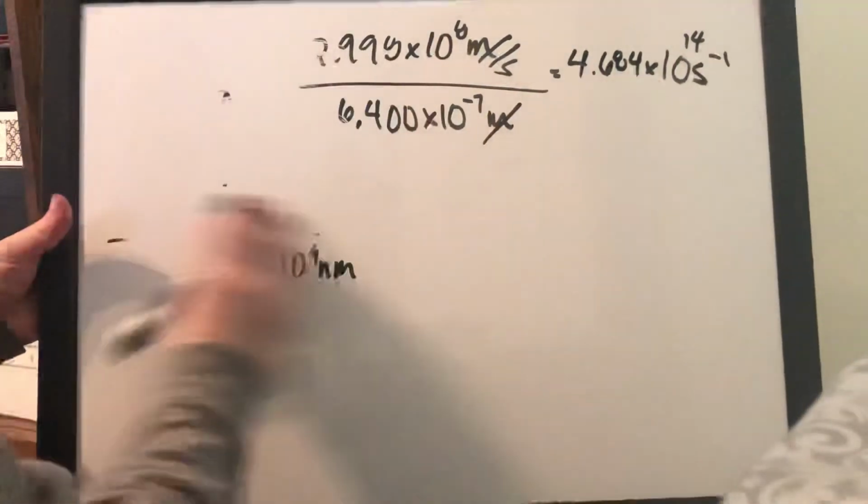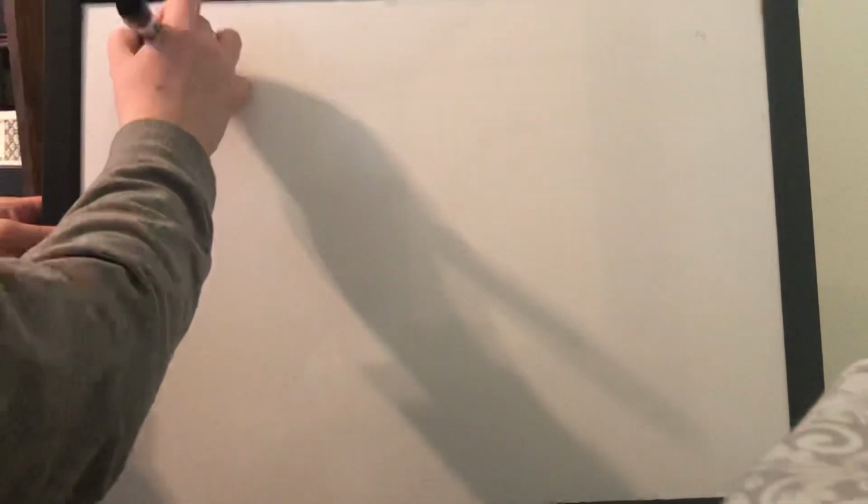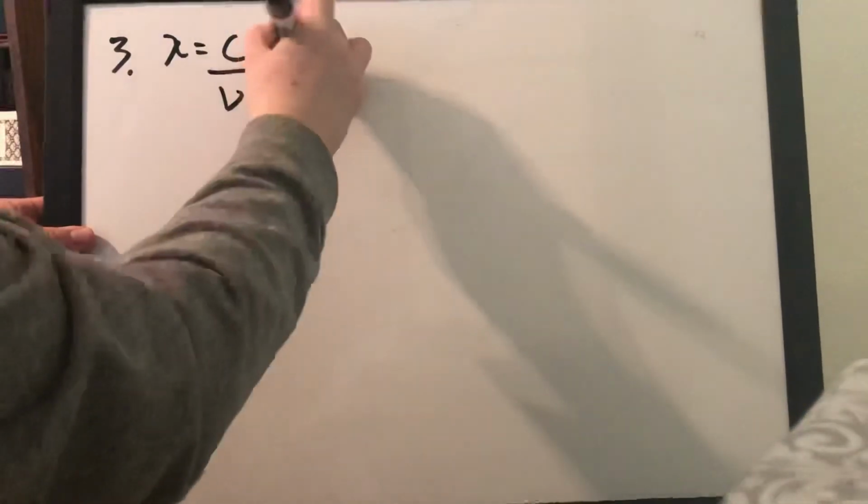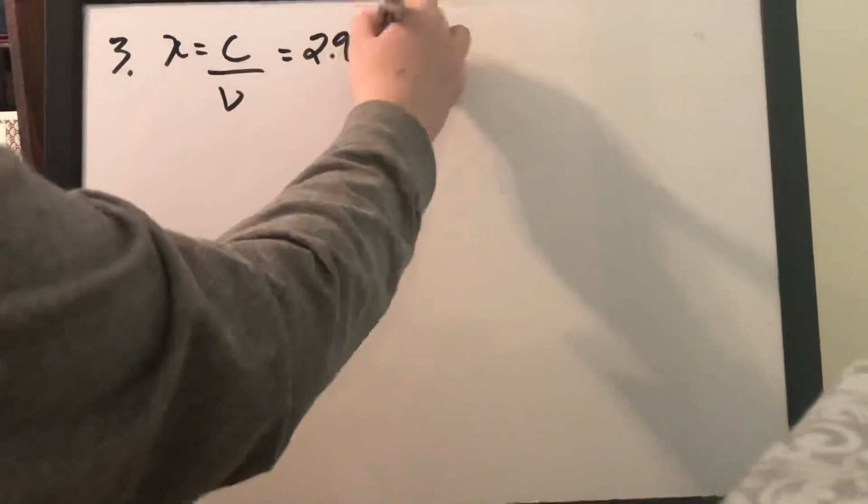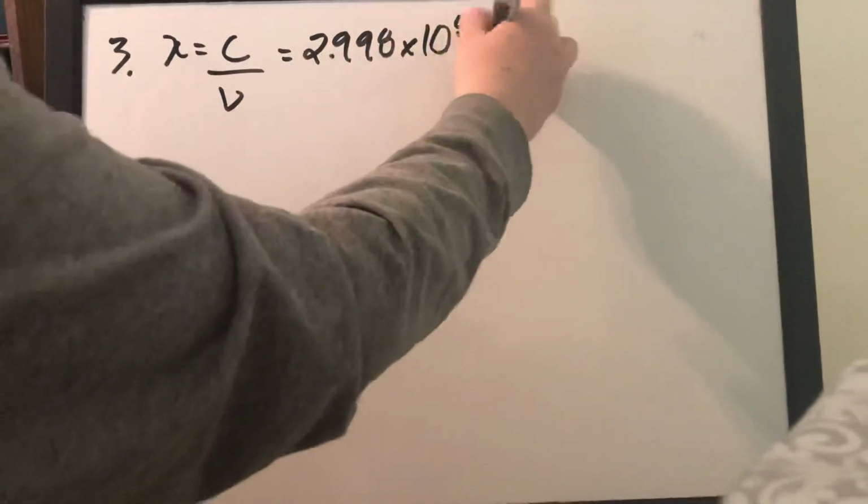And in number 3, let's see, a radio station broadcasts at a frequency of 103.4 megahertz. Okay, and then here they give me a conversion factor. Calculate the wavelength. Right, in this case, wavelength equals C over frequency, 2.998 times 10 to the 8th meters per second.